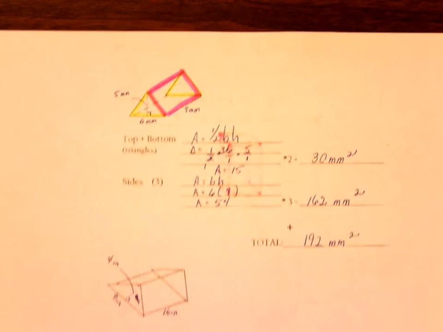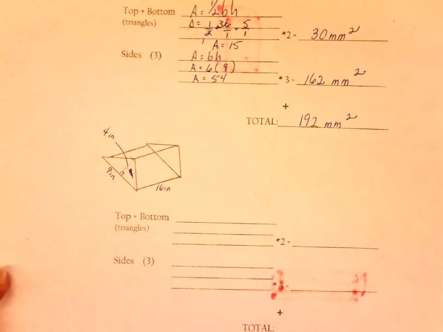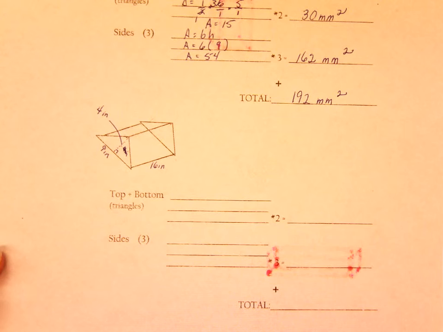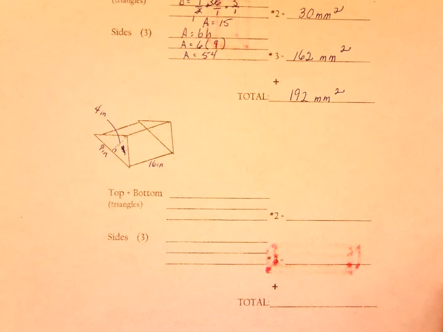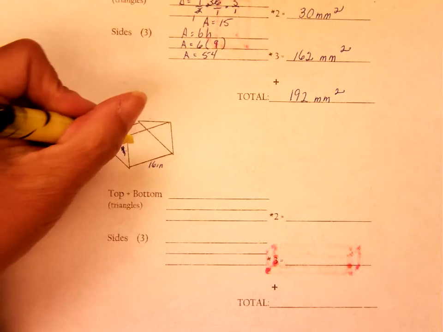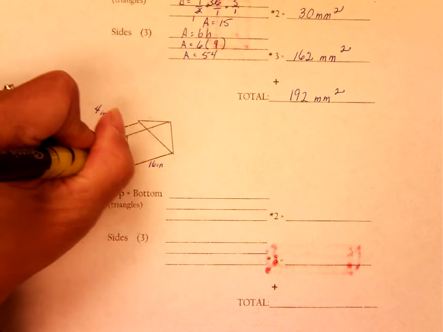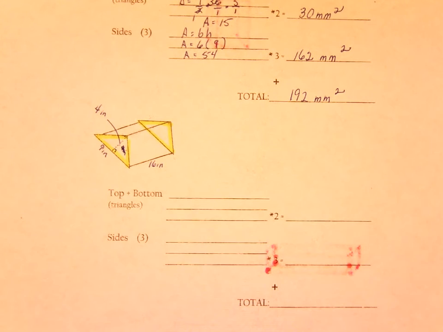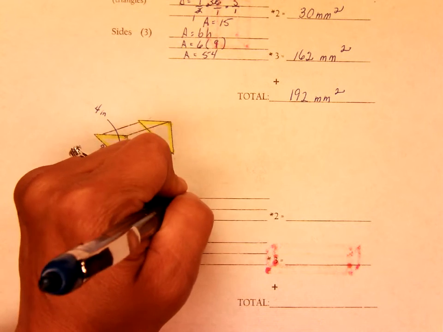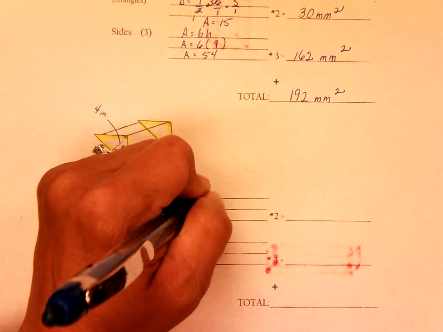Okay, try the next one on your own, and when you're ready, go ahead and push play. So hopefully you knew that the top and bottom are your triangles. The formula for a triangle is area is equal to 1/2 BH.